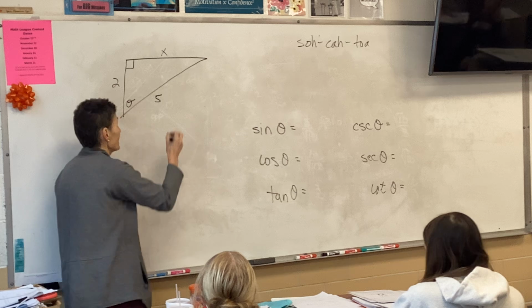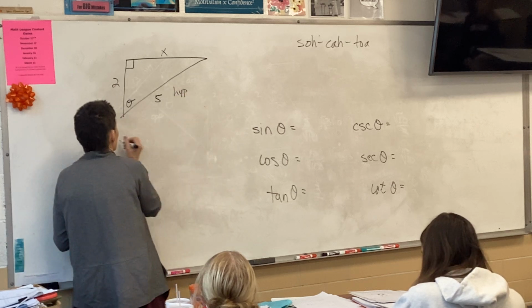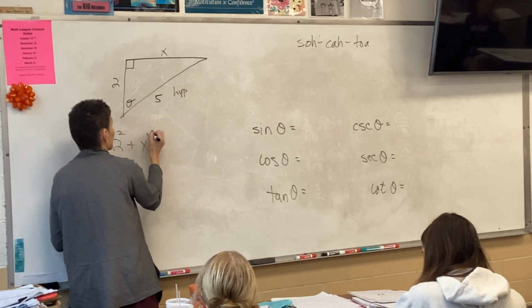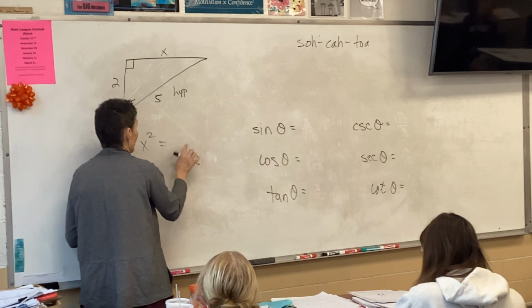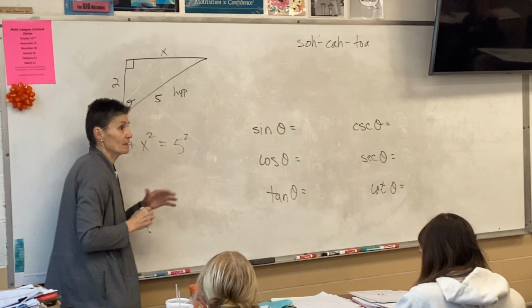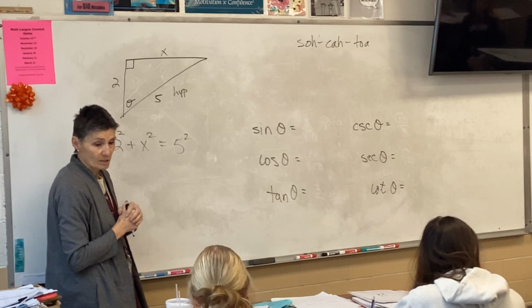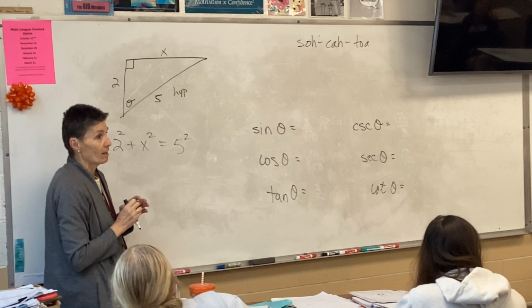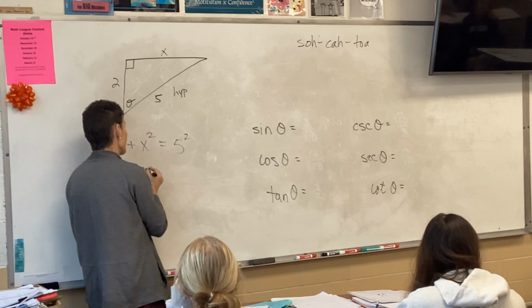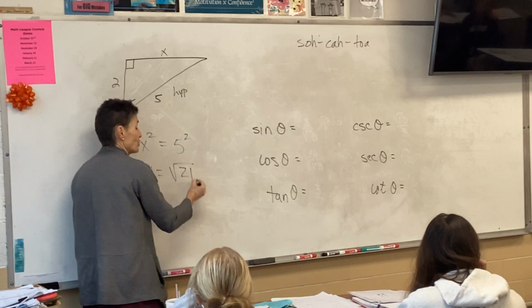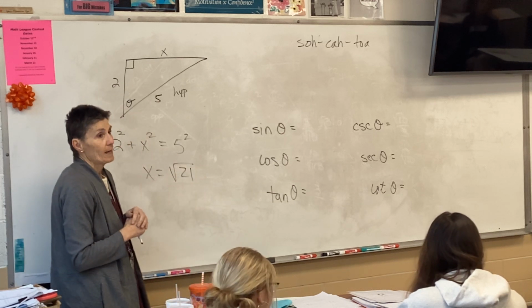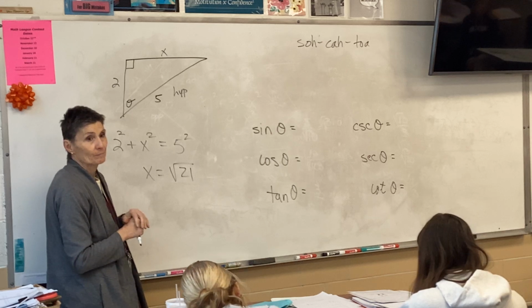So it is by itself. So 2 squared plus x squared equals 5 squared. That's how your Pythagorean theorem has to be set up. The hypotenuse is the one that is by itself. So you should have gotten the square root of 21 as your missing side.